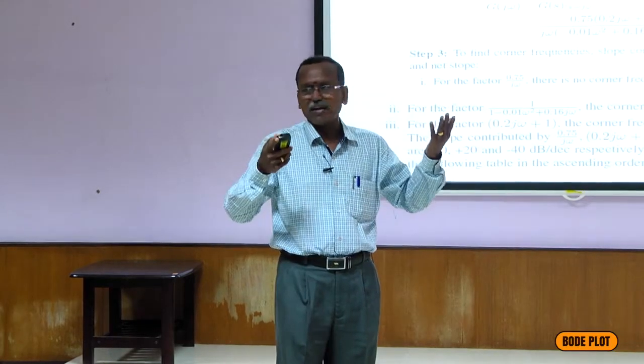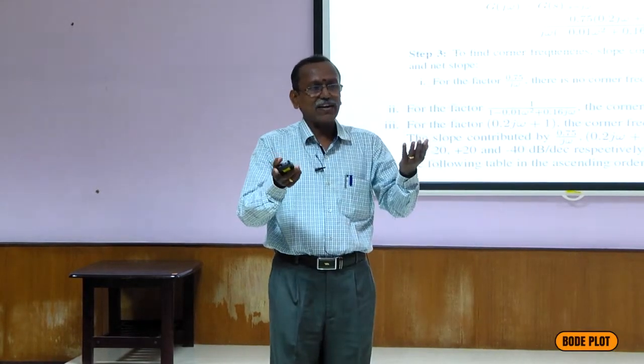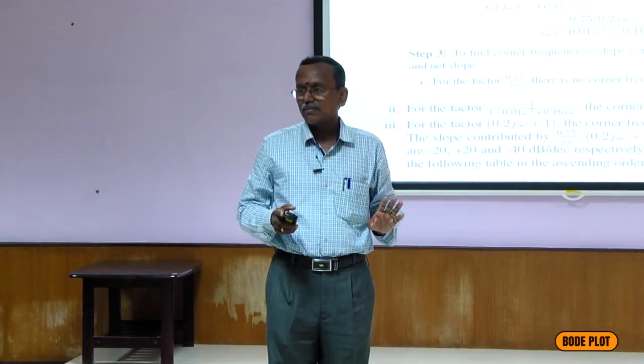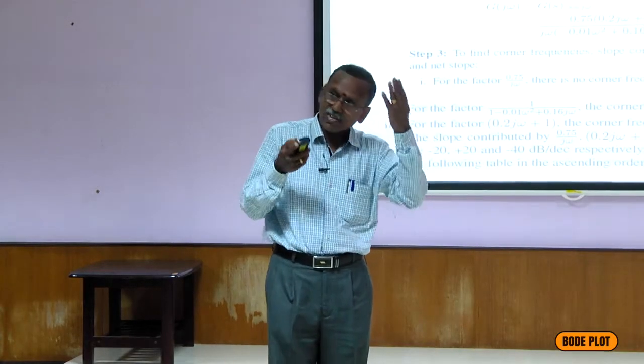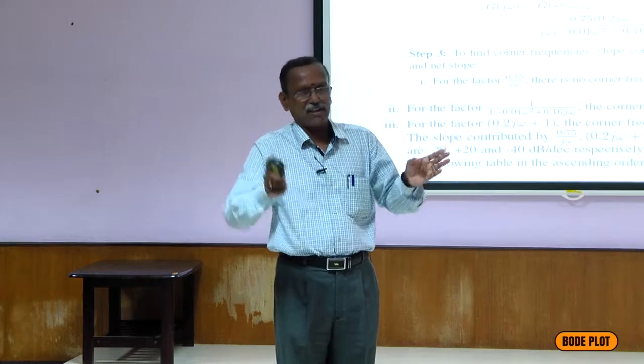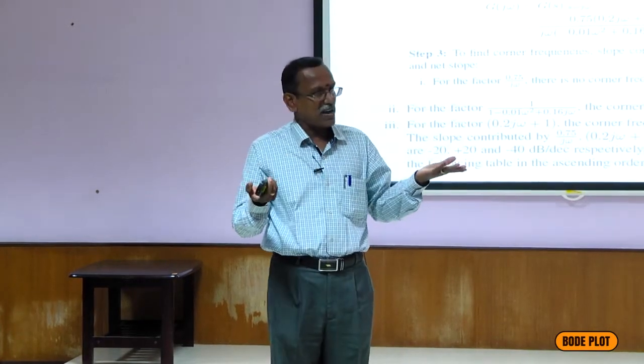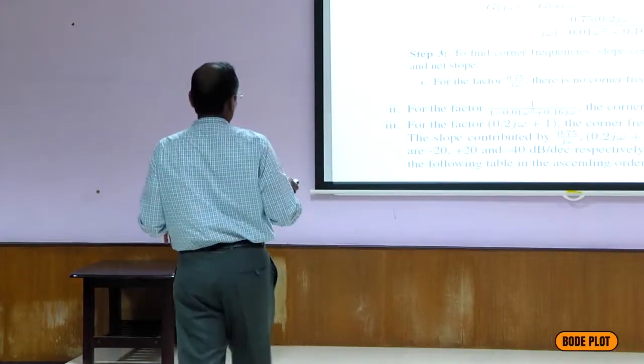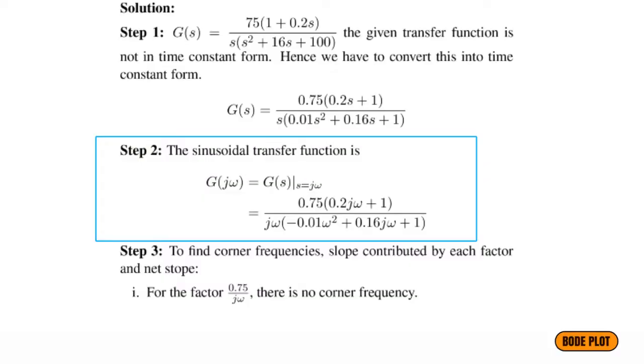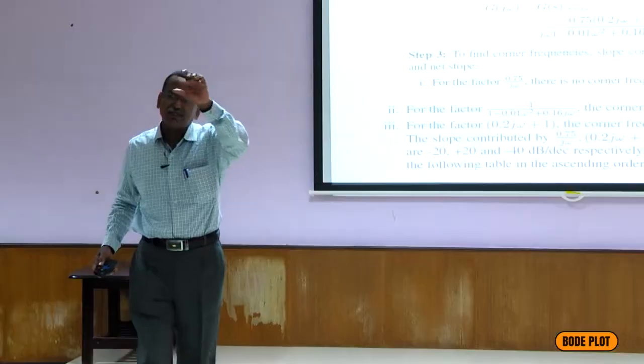That is why they can be combined and easily calculated by the 20 log formula. For 0.75 the formula is 20 log K, and for 1 by omega it is 20 log 1 by omega. For the factor 0.75 by j omega there is no corner frequency. In the table, this is the first factor.